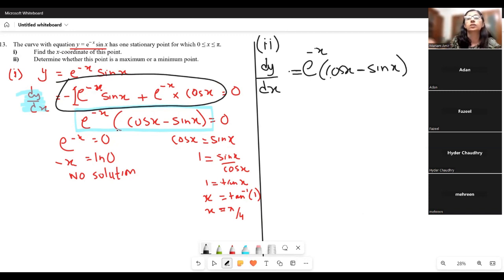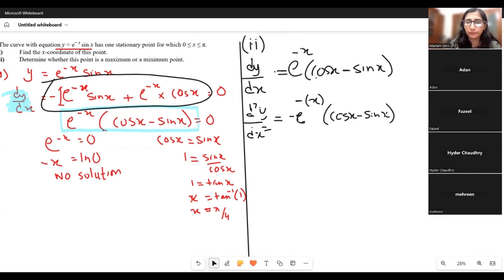Let's do that. So it's going to be d square y upon dx square. The derivative of e minus x is e minus x times -1, so minus e minus x times the second function, which just gets multiplied.